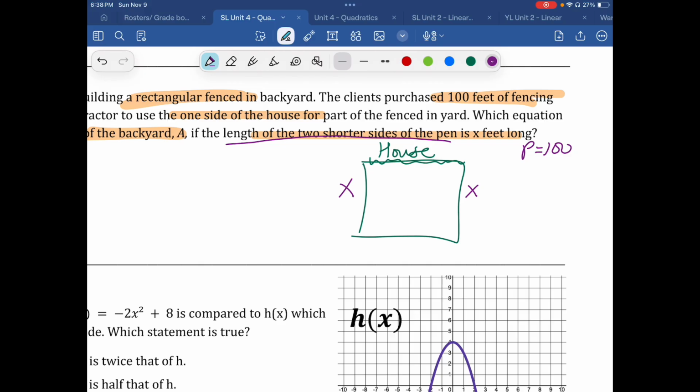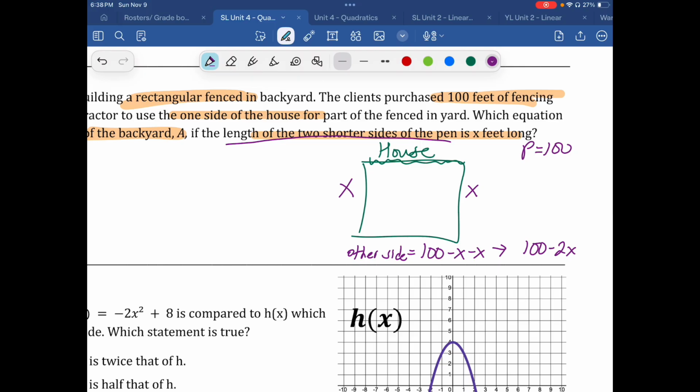If we know this other side, we'll just call it the other side, is whatever is left over, I'm going to have 100 feet minus 2x, which turns into 100 minus 2x.